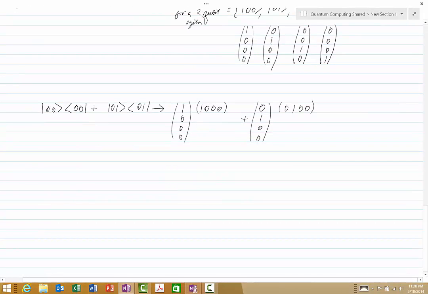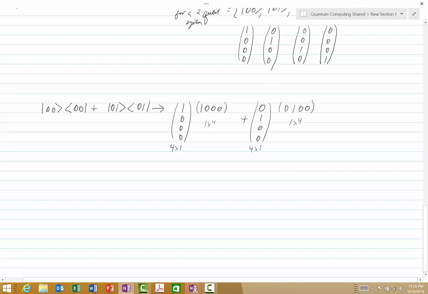And let's multiply this out and see what we get. And notice that this is a 4 by 1 matrix. This is 1 by 4. This is 4 by 1, 1 by 4.